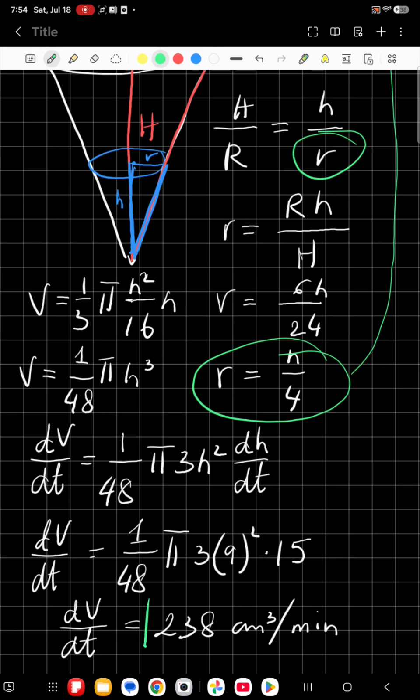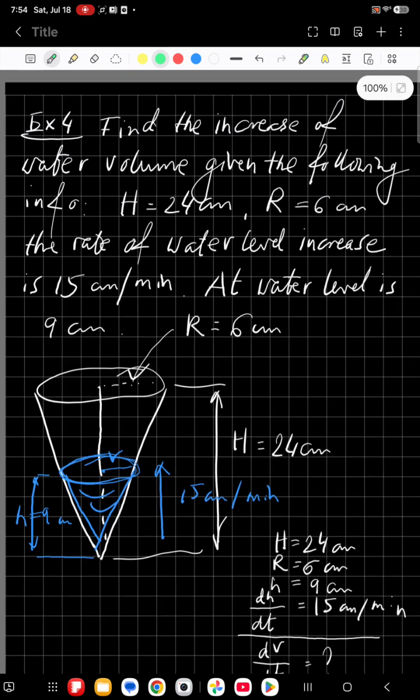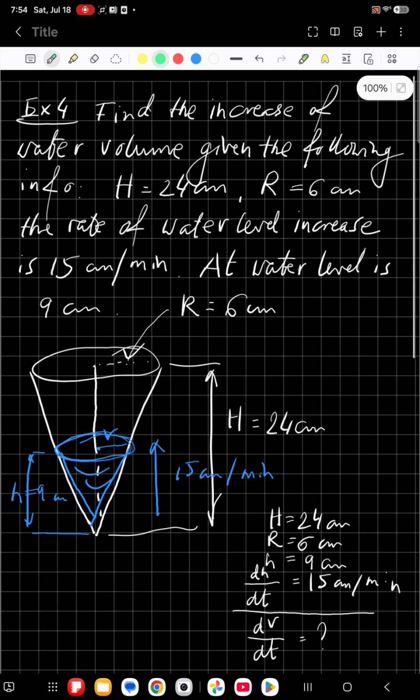Let me quickly review what we did. Here's the problem. Let me first explain what we're doing. The water is being poured into the tank, and that rate is actually not constant.